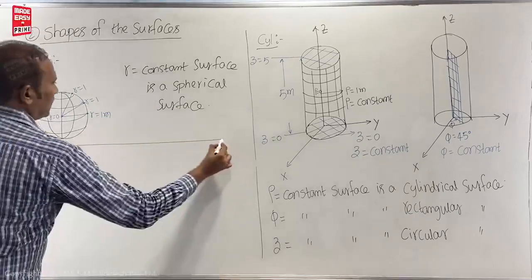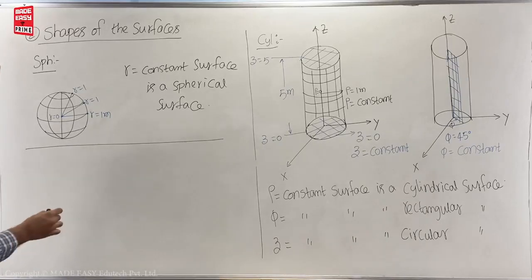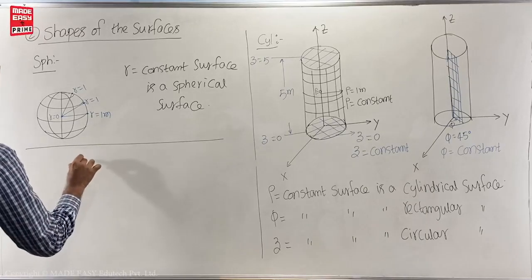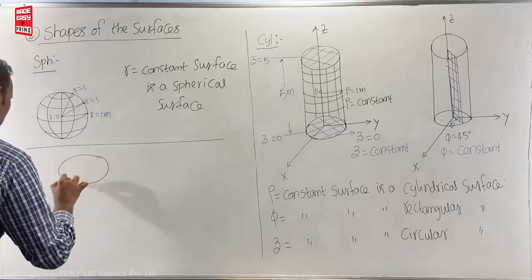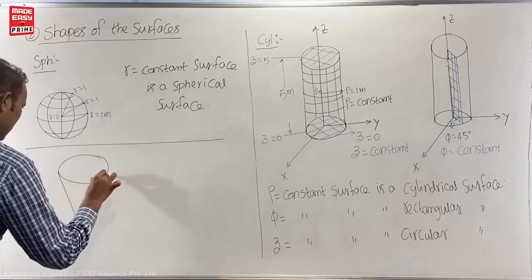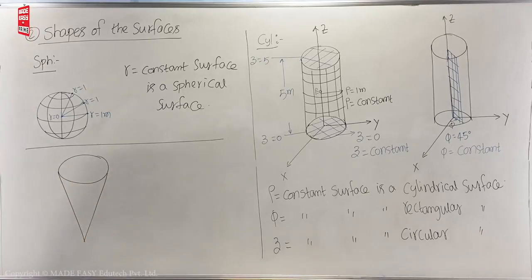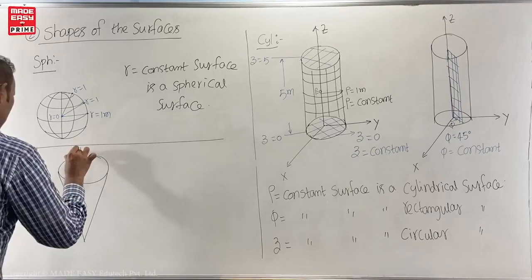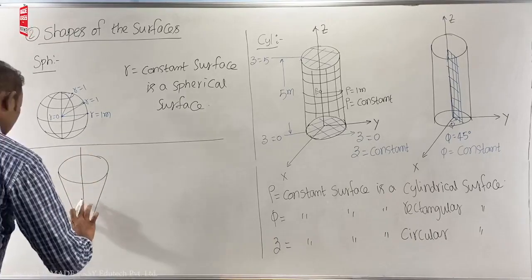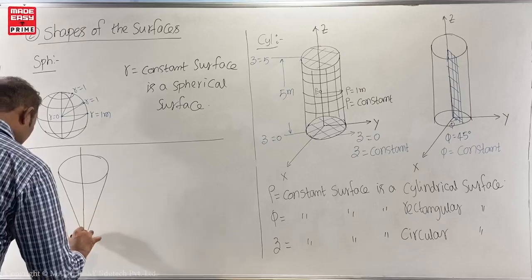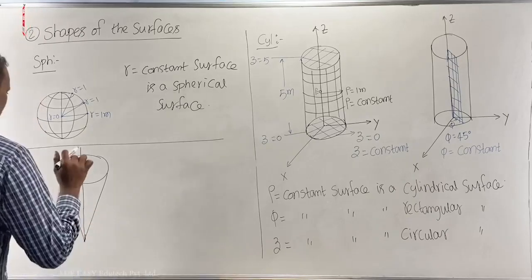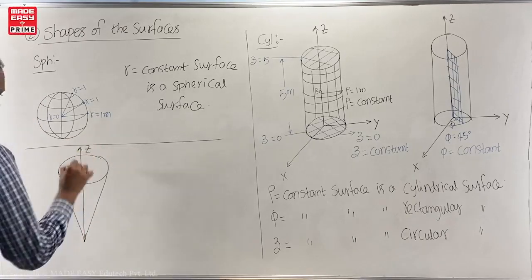Now you take this one. What is this actually? This is cone, C-O-N-E. Now this one is z-axis, center. Okay, this is z-axis.